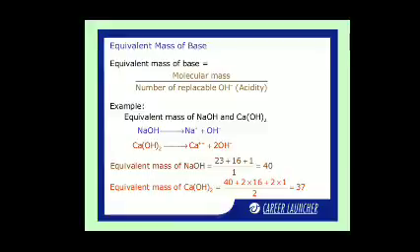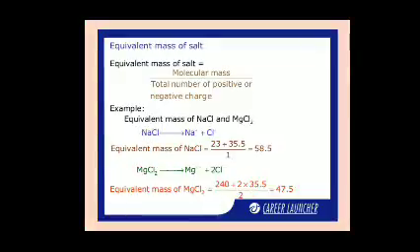Calcium atomic weight 40 plus 2 into 16 is 32 plus 2 into 1 is 2, 32 plus 2 is 34 plus 40, total 74. So gram molecular weight of calcium hydroxide is 74. Equivalent weight of calcium hydroxide is 74 by 2, that is equal to 37.